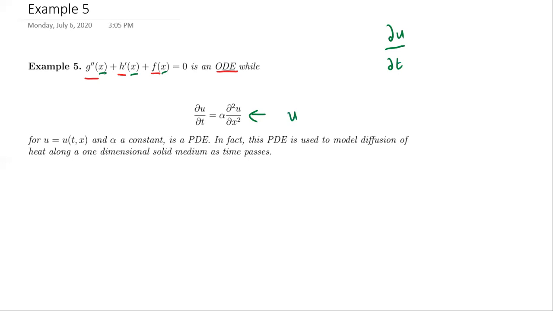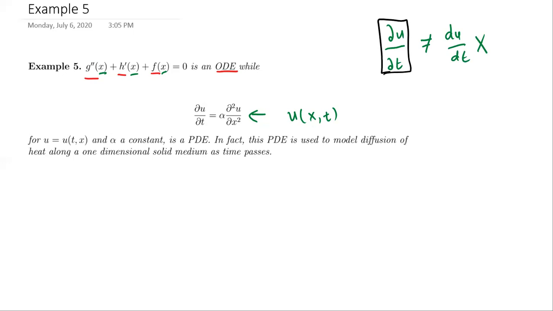So here u is a function of two variables, x and t. So if we want to write the derivative of u with respect to t, since there are two variables involved, you can't really write du dt. That's not correct. So instead, you introduce this new notation called the partial derivative, which uses this symbol here.